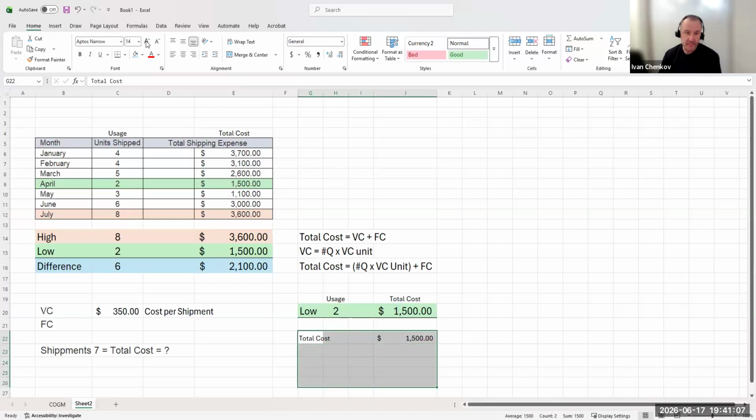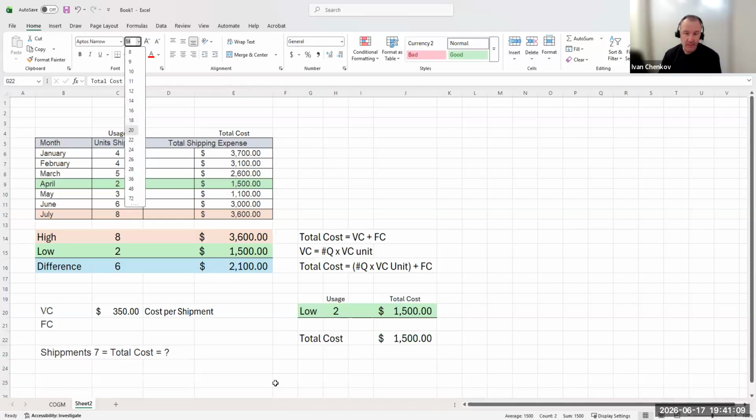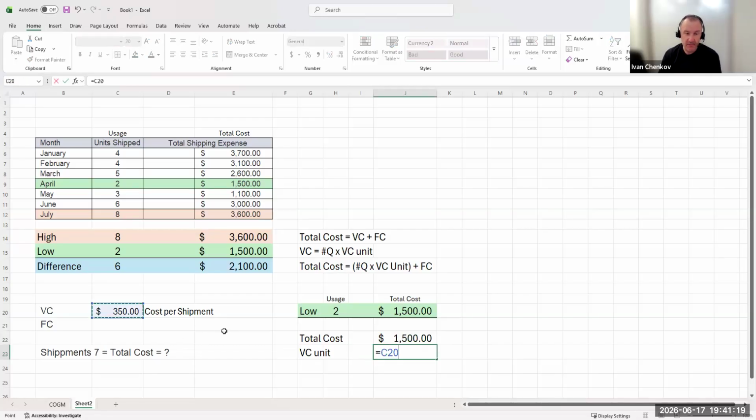What else do I know? Magically, I know my variable cost per unit. Why? Because we just calculated it, and that's $350. What else do I know? I know the number of shipments that they have, and those shipments are only 2.